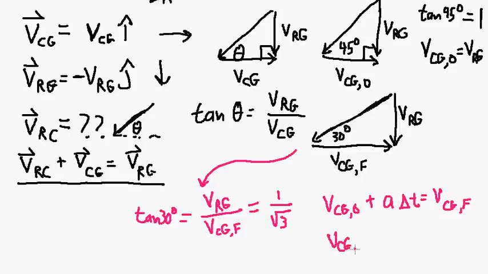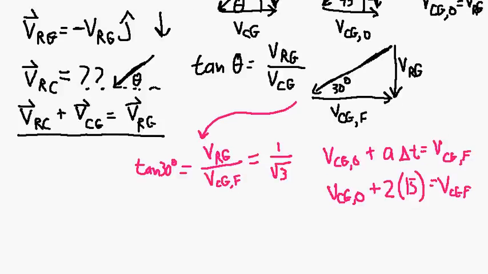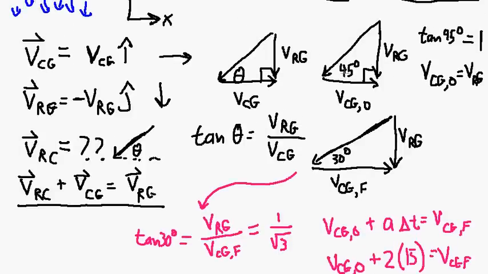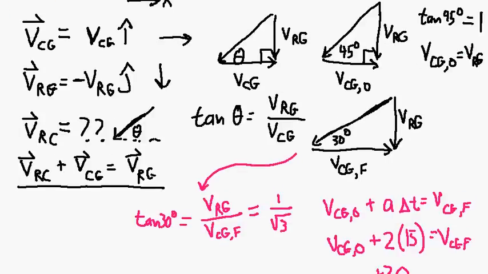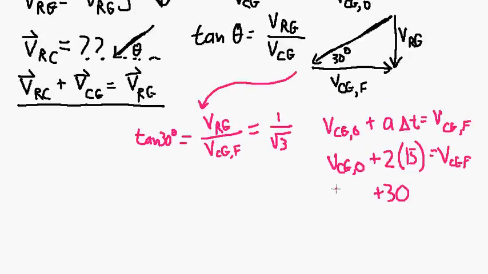So VCG 0 plus acceleration, which was 2 meters per second squared, times 15 seconds, equals VCG final, which means 30. But then VCG 0, what's that? Well, remember up here, we figured out from the 45, 45, 90 triangle that the initial speed of the car was the same as the speed of the rain. So VCG 0 equals VRG. So this is actually VRG plus 30 that equals VCG final.